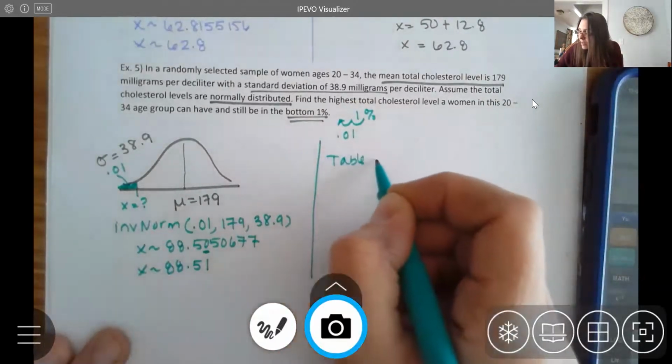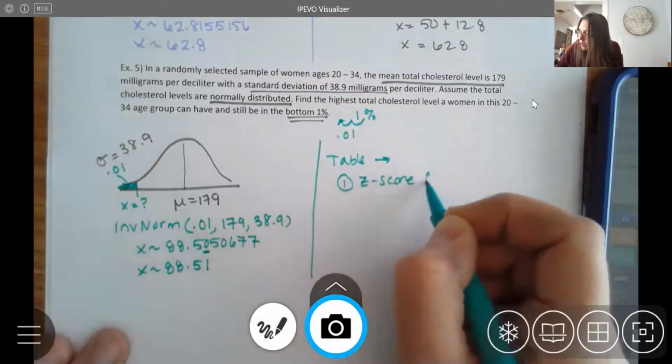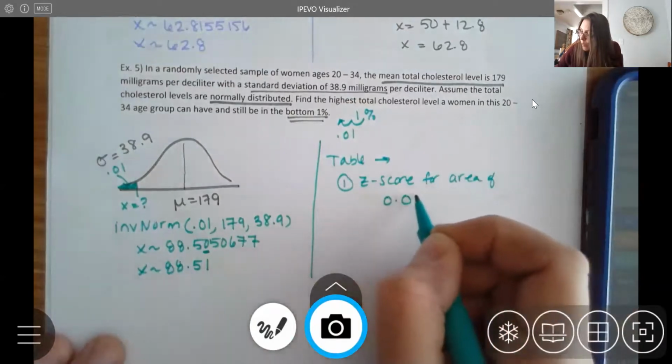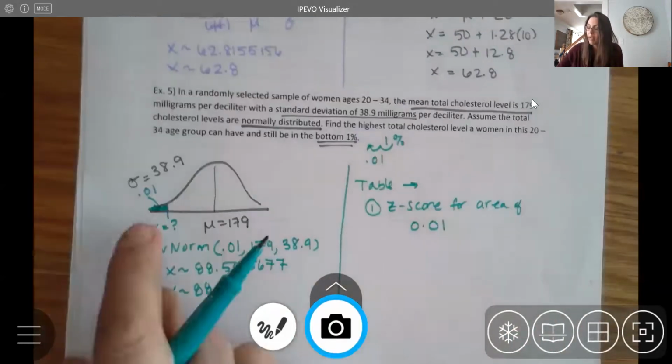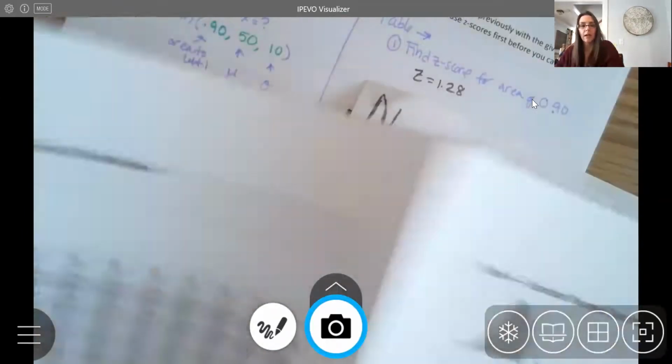Now, if you're using the table, the first thing I need to do is actually find the z-score, in this case for the area of 0.01. It's on the left here, so I'm going to use my negative z table. Sorry, all this shuffling, kind of a pain.